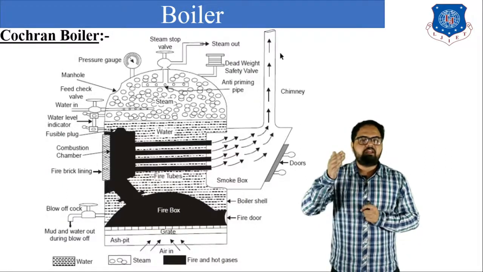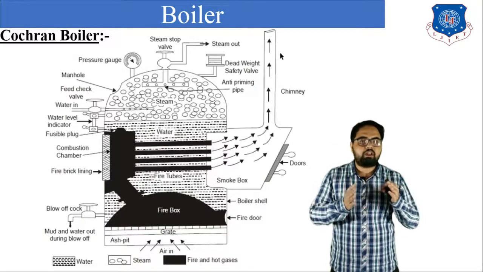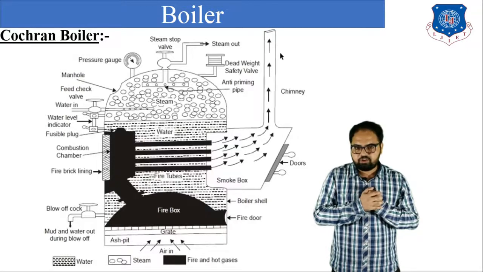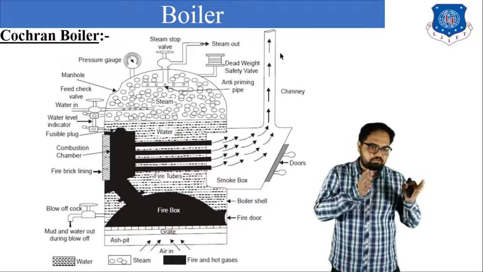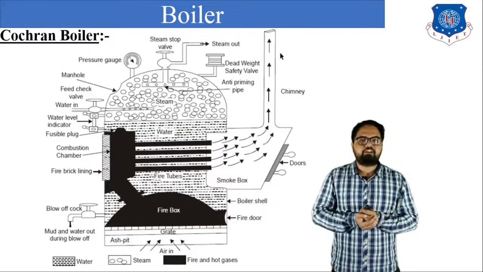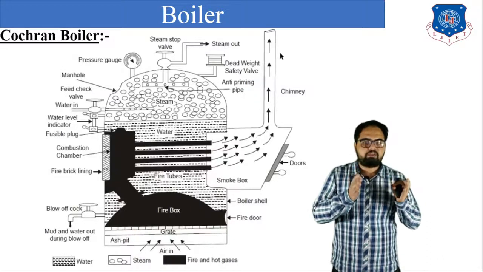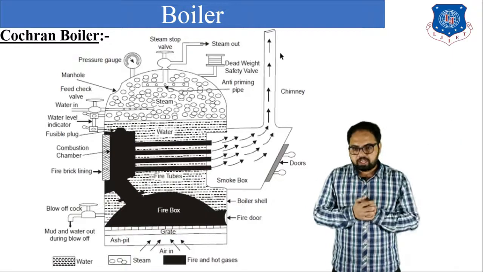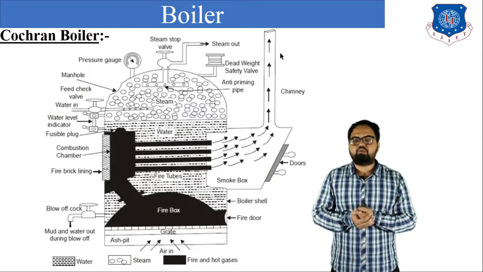After giving heat energy to the water, the flue gases no longer contain a sufficient amount of heat energy, so they are waste gases for us. All the waste flue gases are collected inside the smoke chamber, and when their pressure is higher than atmospheric pressure, they are released to the atmosphere through the chimney.